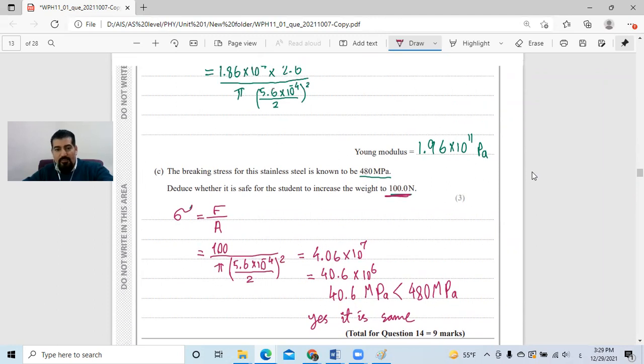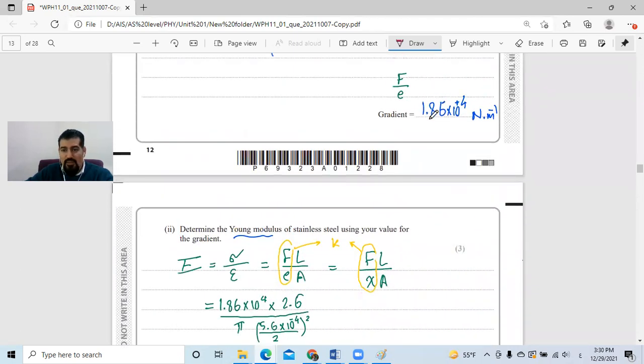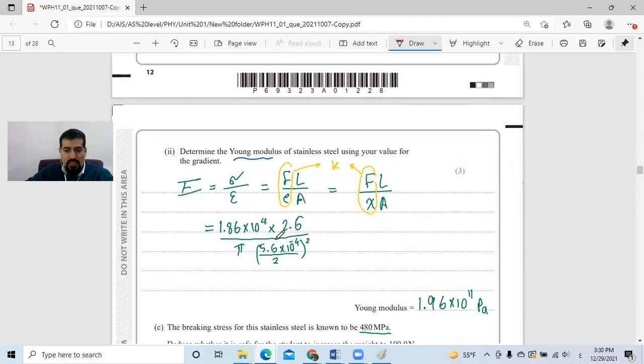In part B, stress over strain becomes force over extension, which we found in the previous part, 1.86 times 10 to the power of 4. We put it here, multiply by the length, divided by the area, and we get this answer.